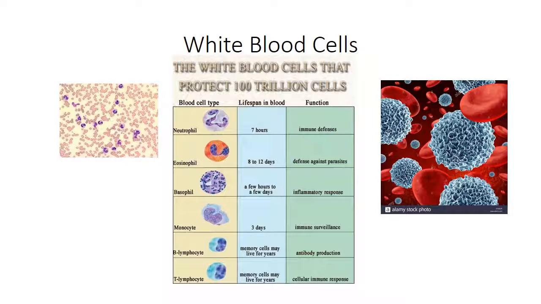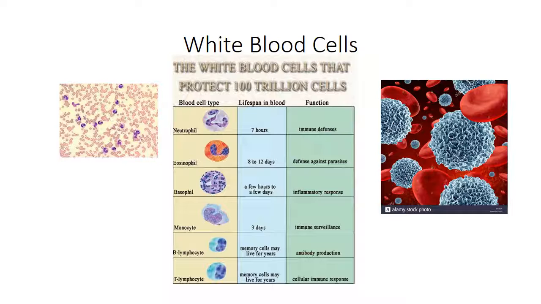The most numerous kind is the so-called neutrophil. It's your typical generic white blood cell. It has either a rod-shaped or segmented nucleus, never rounded.